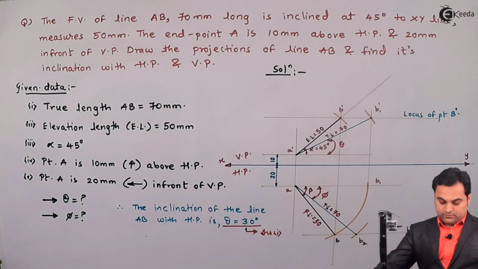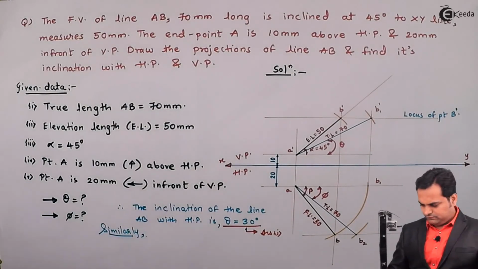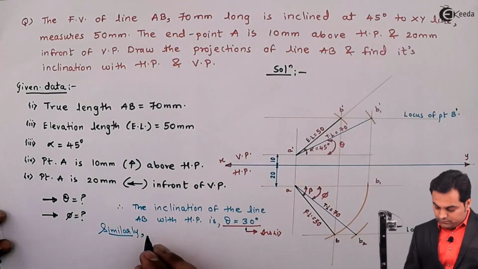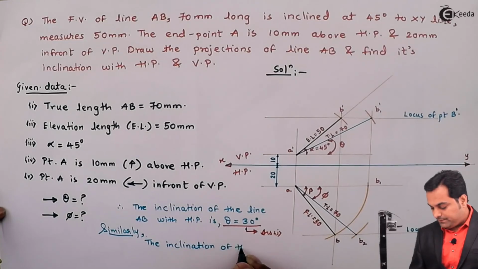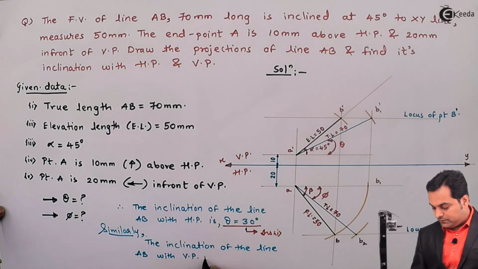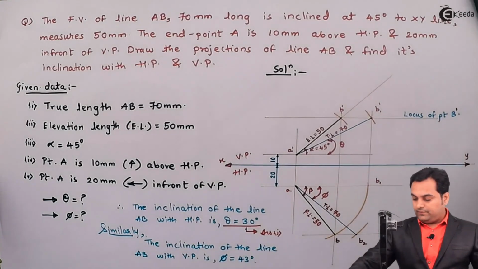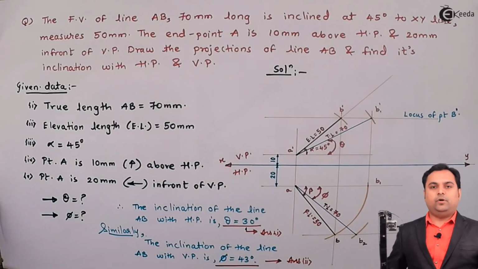Answer 1. Next, similarly, the inclination of the line AB with VP is phi is equal to 43 degree. And with this, the problem gets completed.